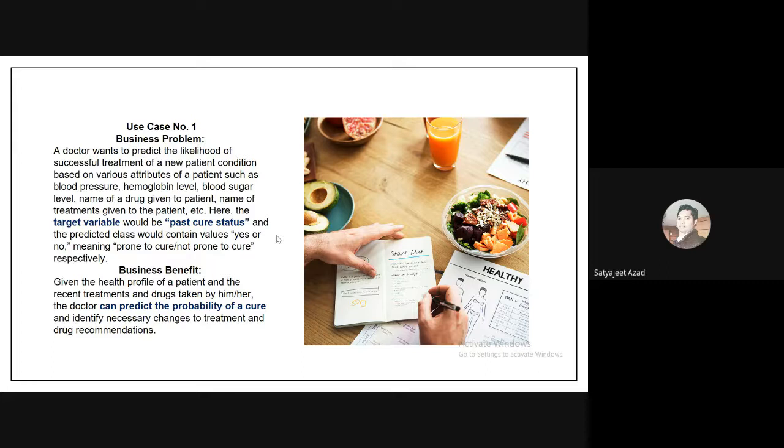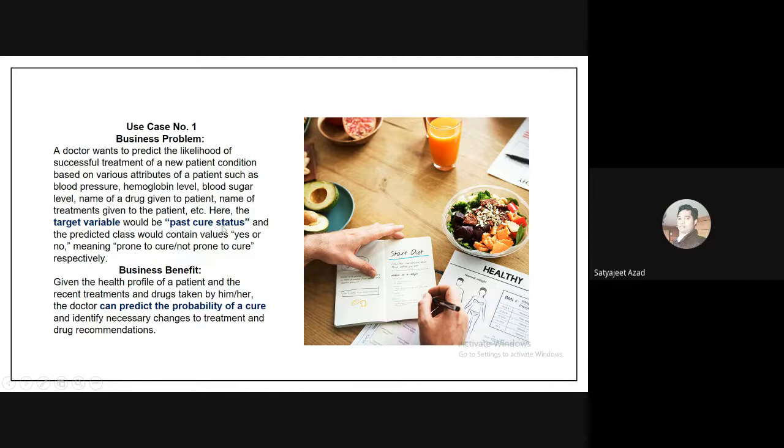For example, they may have blood pressure, hemoglobin level, blood sugar level, and whether they gave any drug to that patient or not. And then they have a target variable, the past cure status. This is basically your class label.